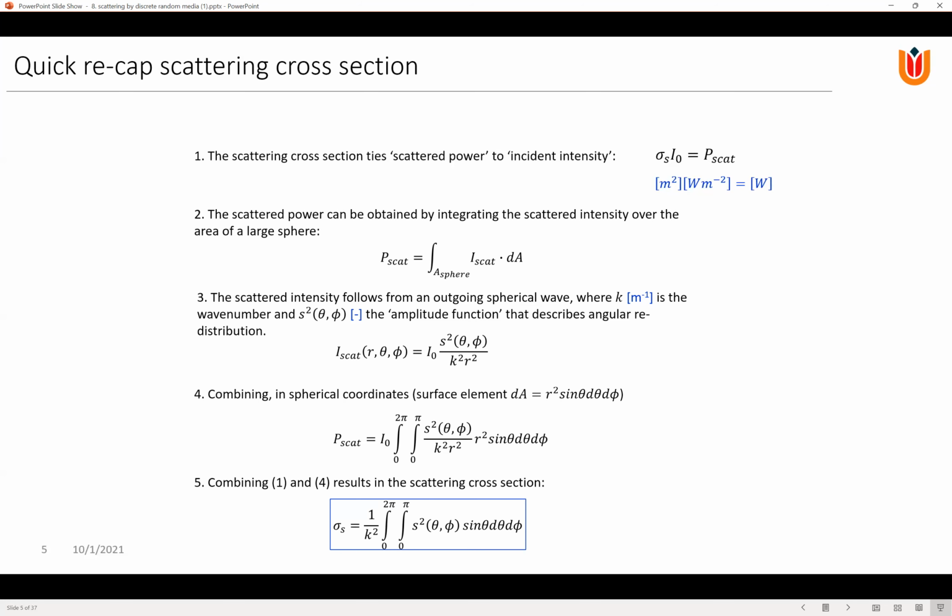So the r squares still cancel and the dr should not be there. That's very good.